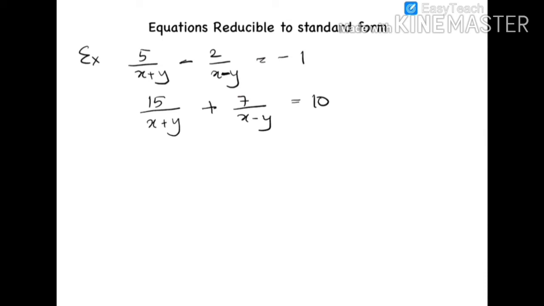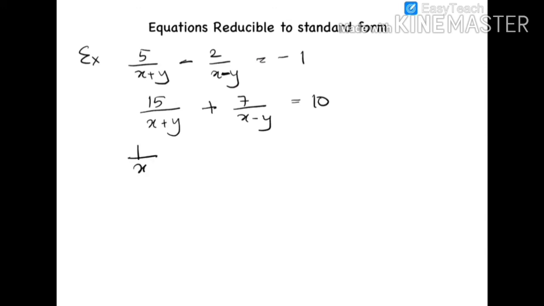Notice the first term of the first equation. 5 is multiplied to 1 over x plus y. Similarly, here the first term, 15 is multiplied to 1 over x plus y.